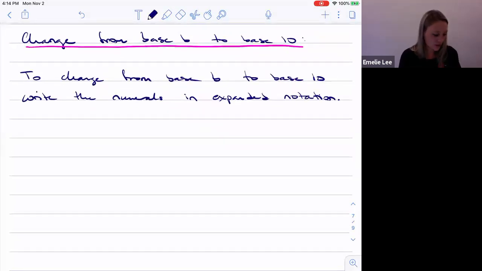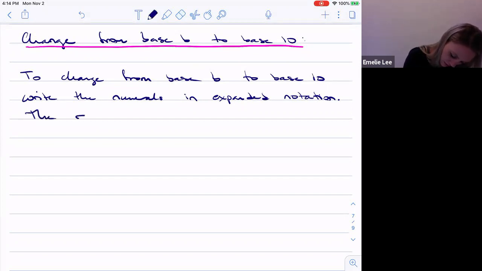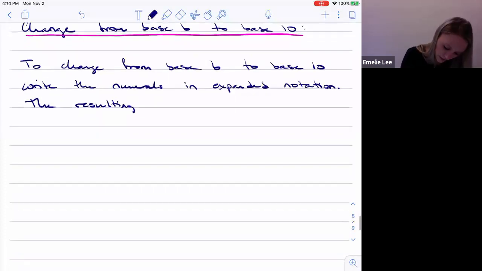And then the resulting number is in base 10.